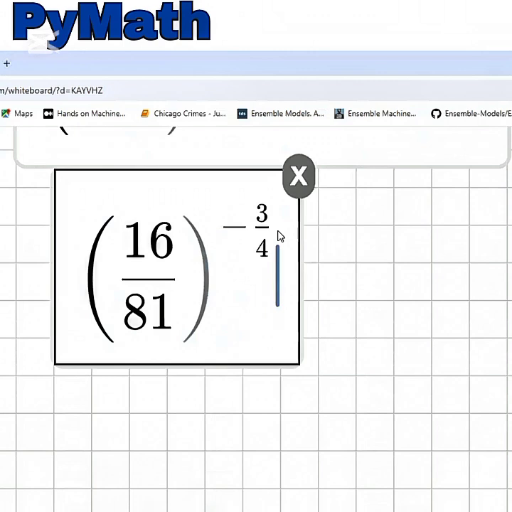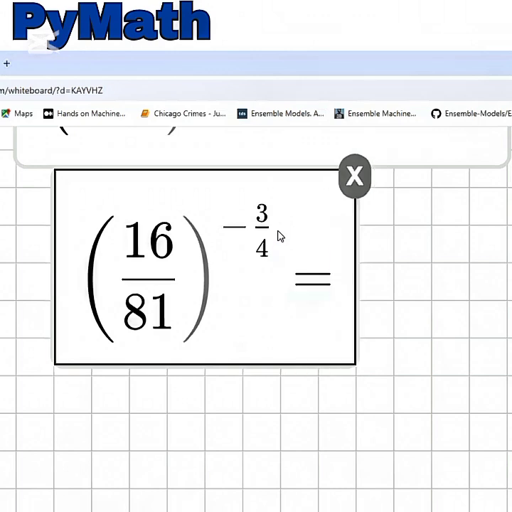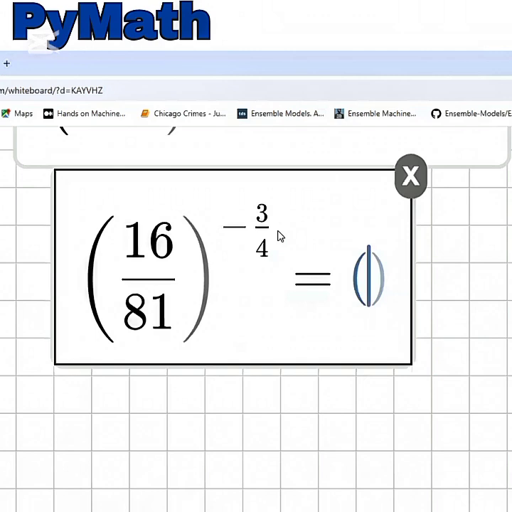What we simply do is we have 1 all over 16 over 81, which means the same thing as the inverse of the fraction 16 over 81. The inverse of the fraction 16 over 81 is simply 81 over 16.